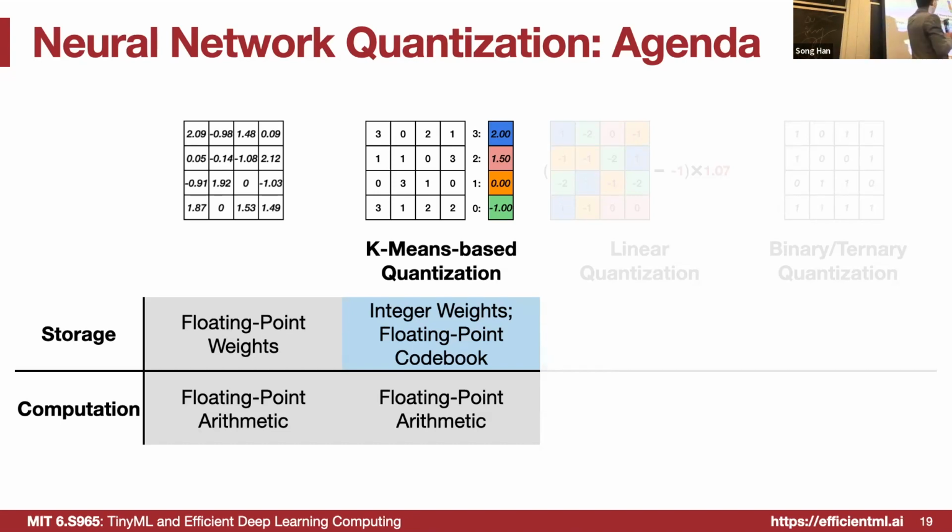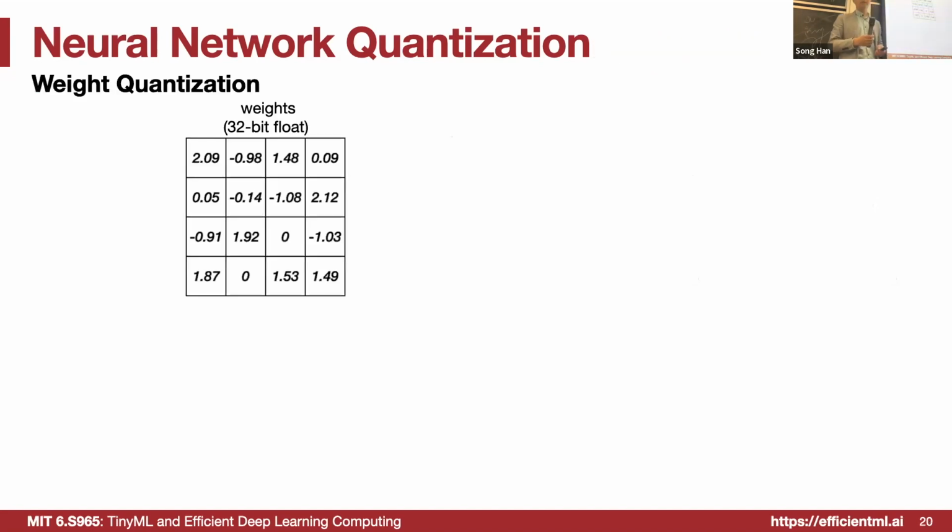So today, hopefully, we can cover both the K-means-based quantization and linear quantization. In the next lecture, or if we even have time today, we're going to cover binary quantization. So let's start with this example where we have a 4x4 weight matrix, which contains 32-bit floating point numbers.